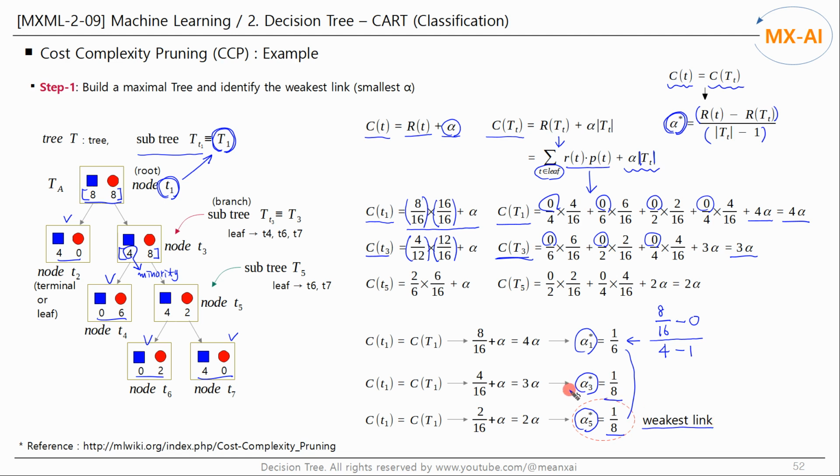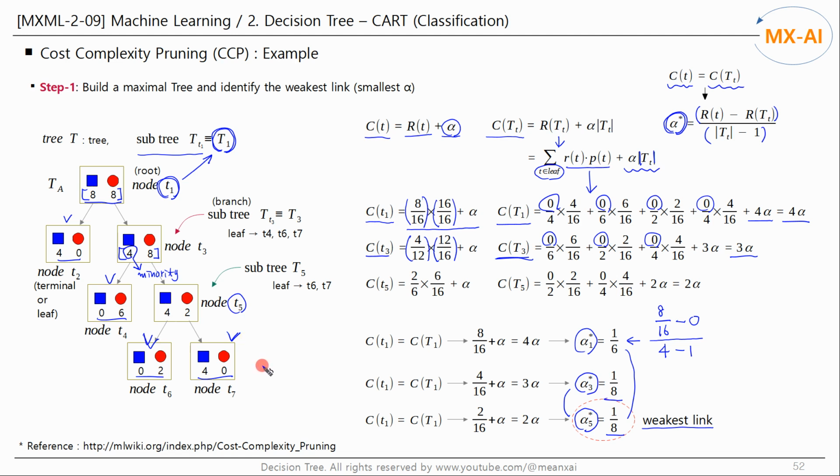In this case, both candidates have the same alpha star, 1/8. When there's a tie, we typically prune the subtree with fewer leaf nodes. This is a common heuristic. When two splits are equally inefficient, we remove the simpler one, usually one that sits lower in the tree.